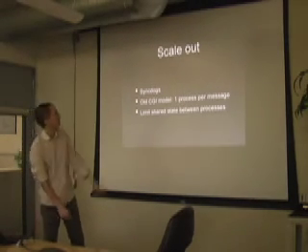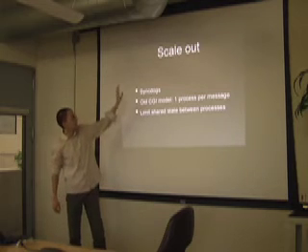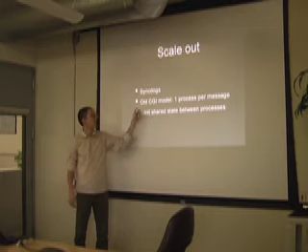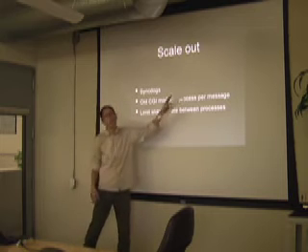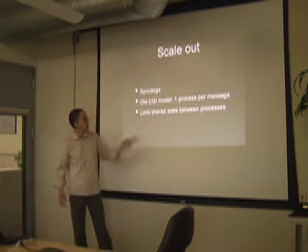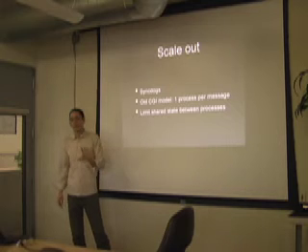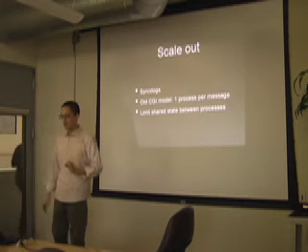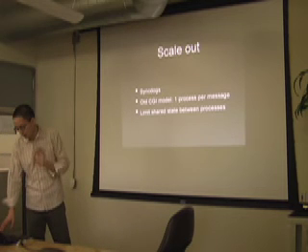We use the old CGI model, which is one process per round trip or per incoming message. The key there is to limit shared state between processes, so we use this NFS dog thingy, but we keep that to a minimum.